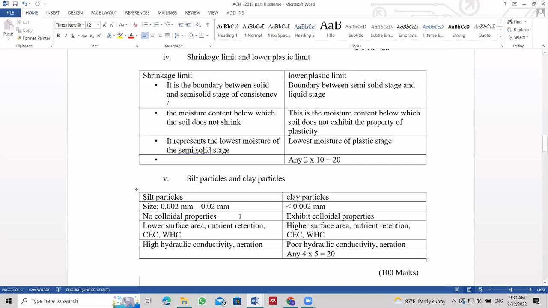Silt particles do not exhibit any colloidal properties, whereas clay particles exhibit colloidal properties. Then you can compare other things: surface area, nutrient retention, cation exchange capacity, and hydraulic conductivity variation. Any 5 points, any 4 points is expected, then you will get 20 marks.